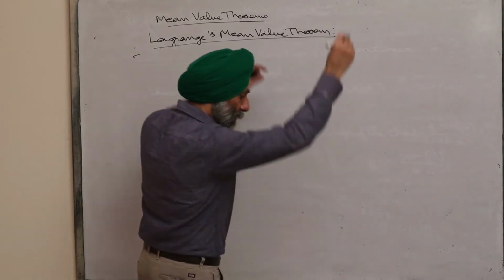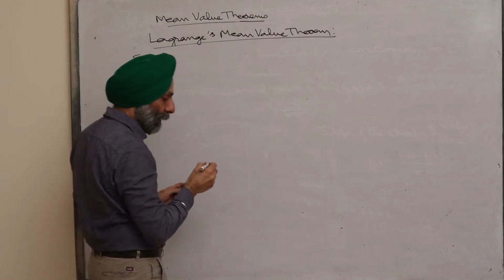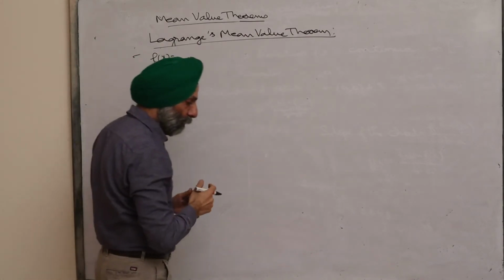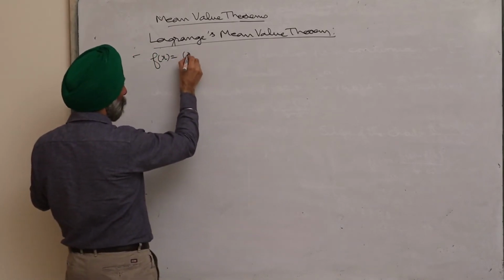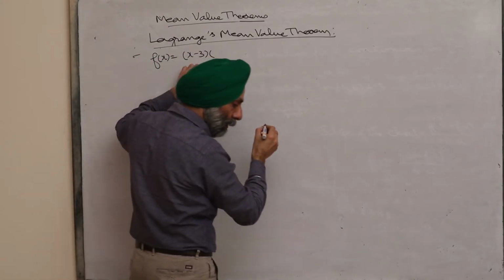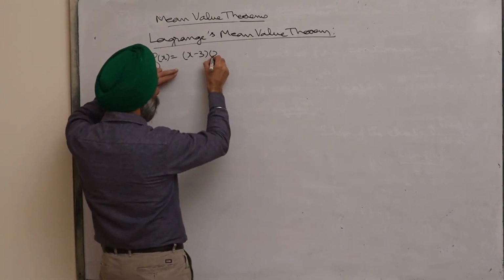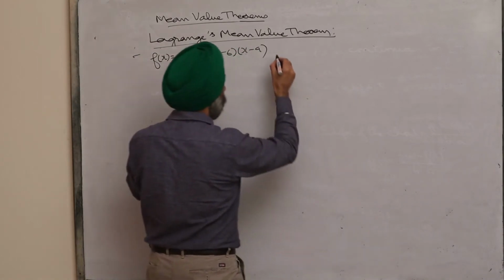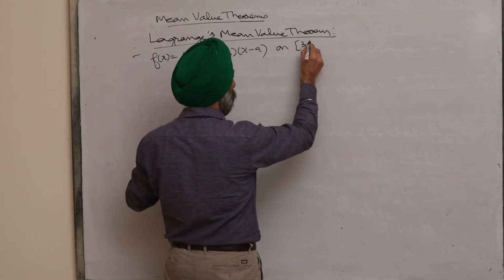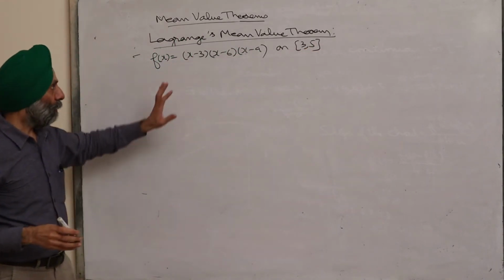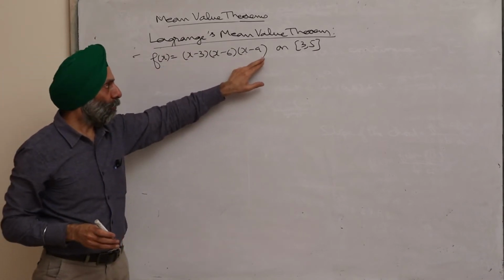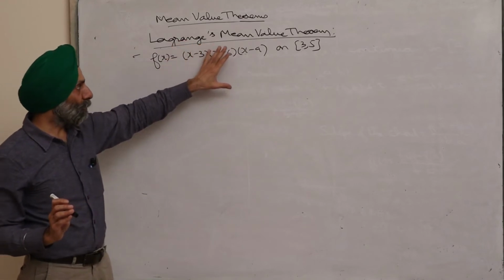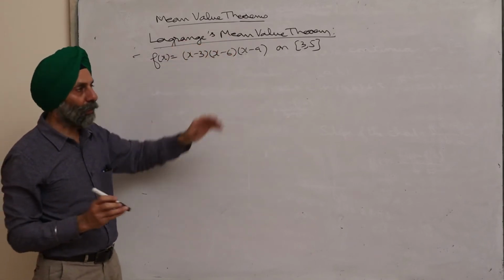First, using Lagrange's mean value theorem, discuss the applicability for (x minus 3)(x minus 6)(x minus 9) on the interval 3 to 5. Now, first point, this being a polynomial is continuous as well as differentiable. So the two conditions of Lagrange's mean value theorem are satisfied.